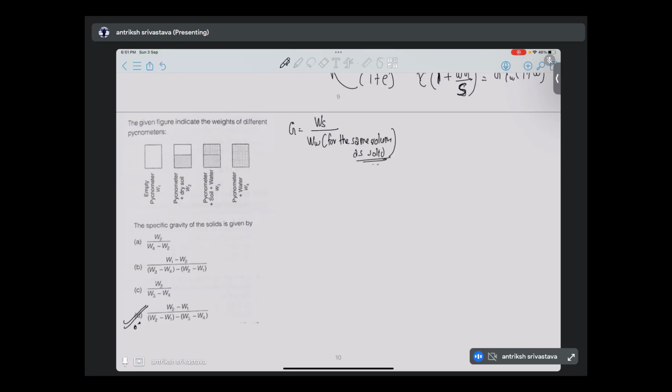So as Ajay has said, you can answer this by the numerator itself. Why we can do that: the pycnometer plus dry soil weight minus the pycnometer weight gives you the weight of solid. So he has seen the numerator and given us the answer.